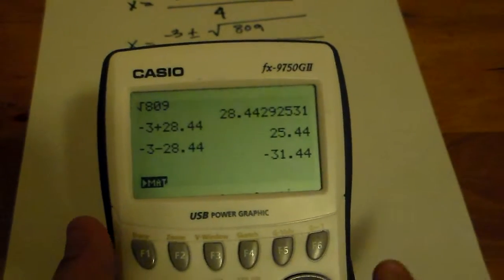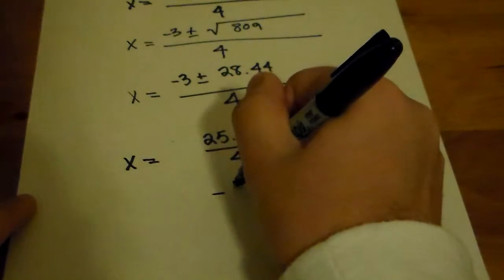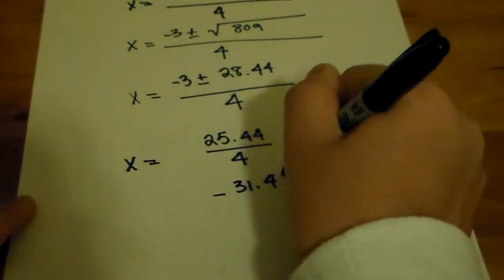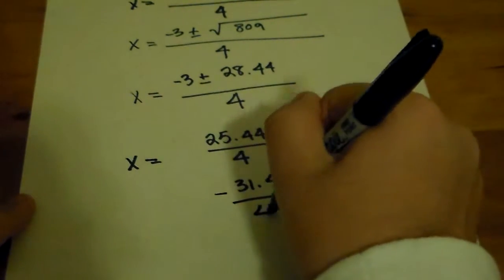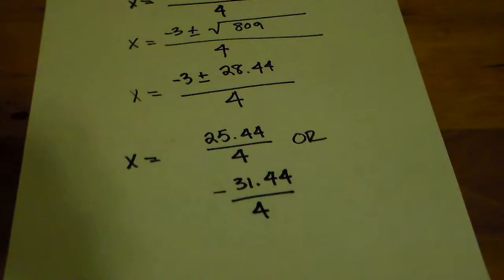That brings us the answer of negative 31.44 over 4. Now, we just need to figure out whether those two that we just found go into 2x squared plus 3x minus 100.